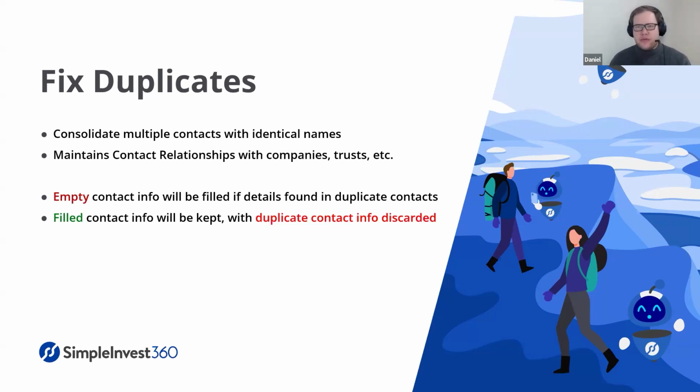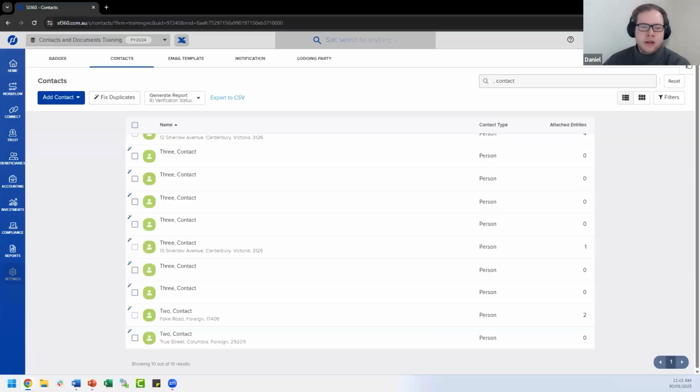If, however, there is filled contact info, so previously we did have the address and the ABN, then in this case, the duplicate contact info, or the info that is in your duplicate contacts, will be ignored and discarded. So it's very important to understand that in case there might be one piece of information from your contacts that you might need to bring over before merging them.